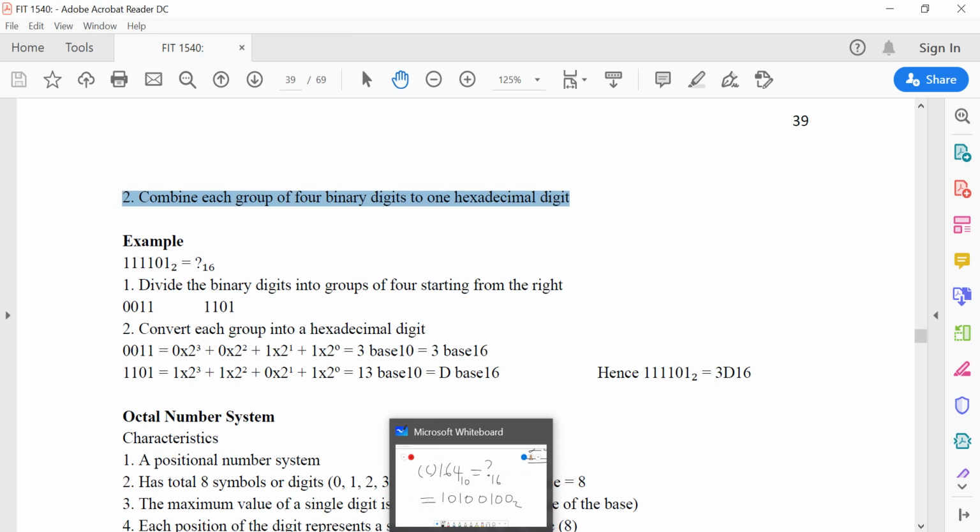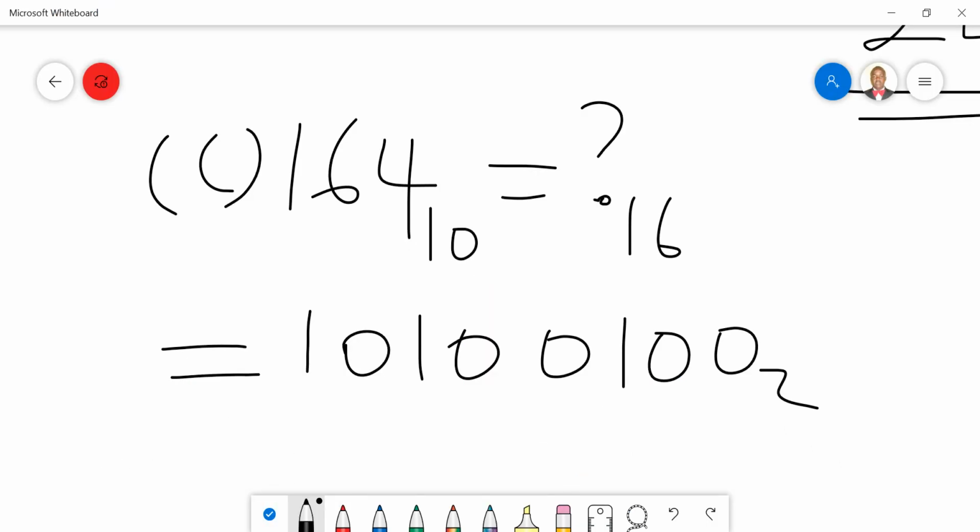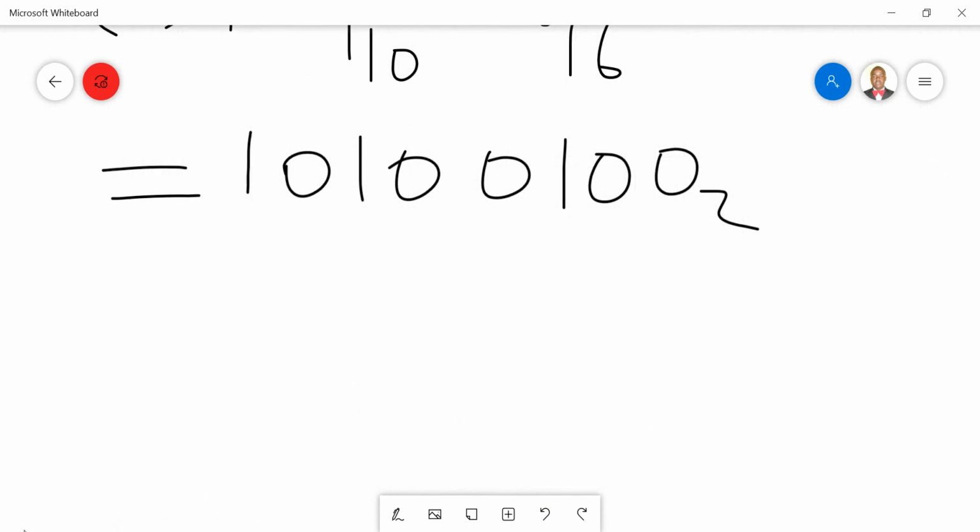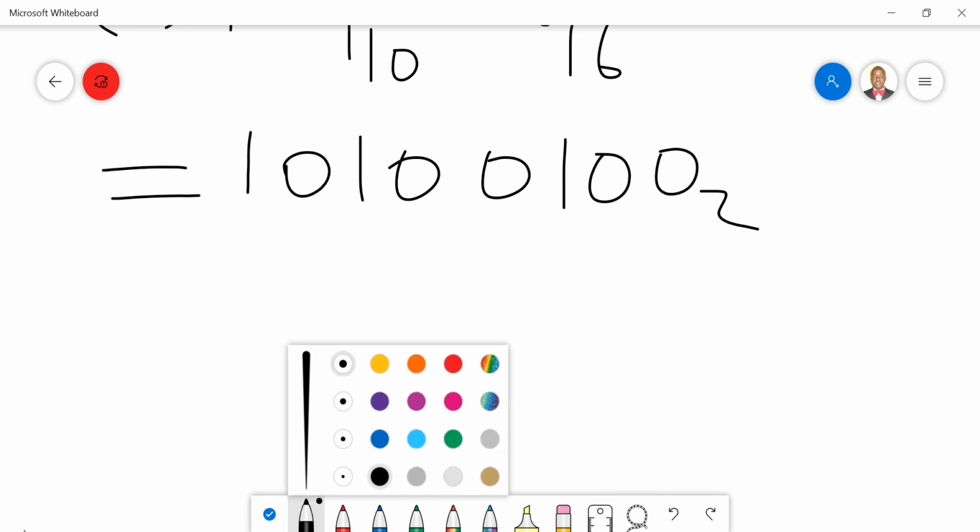So let's just do it now. Let's go to our answer here. It says divide each digit into groups of 4. So now we're going to group them into 4, then do the conversion of binary to decimal. Starting from the right, we group them in 4.